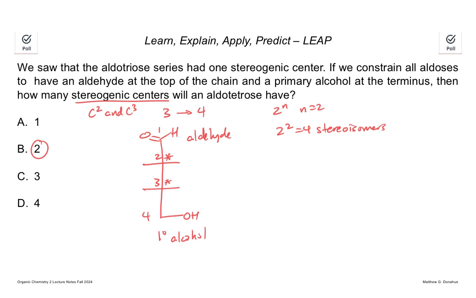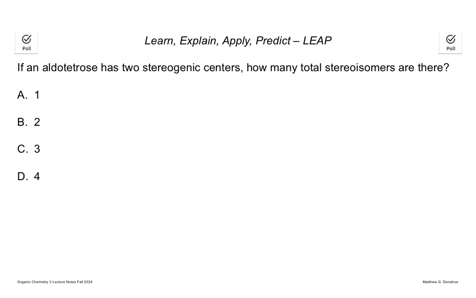And so if you look at these, what are we putting on the horizontal lines here? You're adding H and OH. And so there's 4 ways you can do that. So 2 to the 2 gets us our 4 stereoisomers.